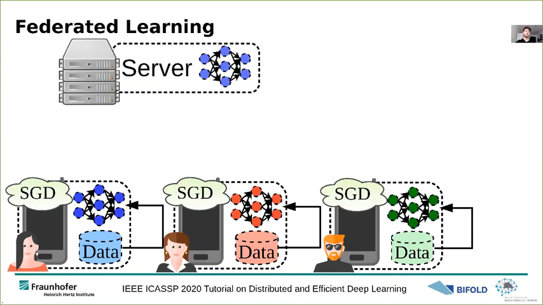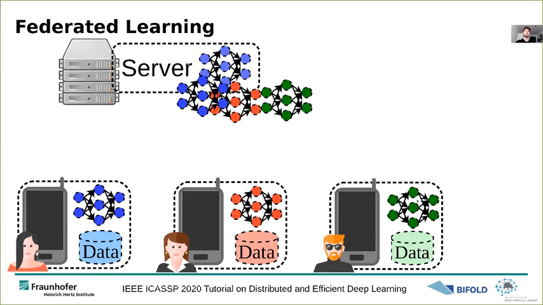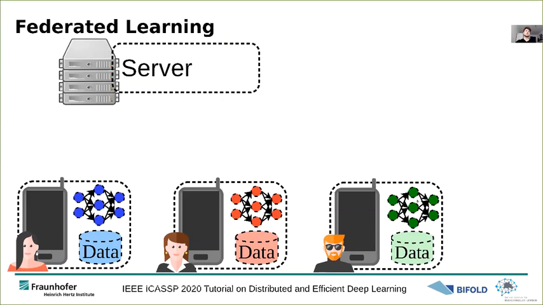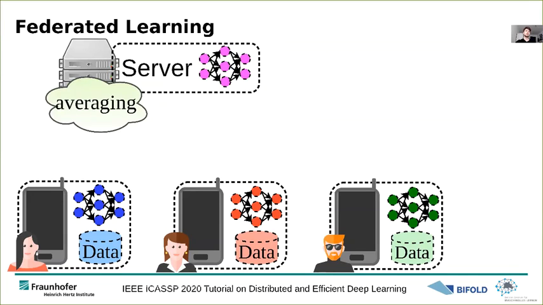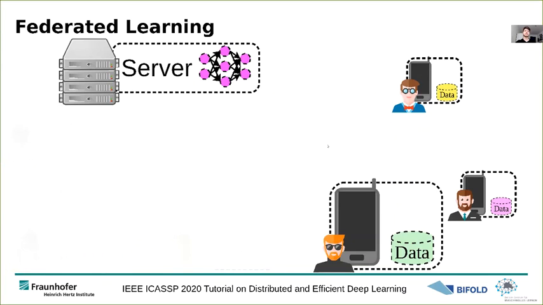That results in updated models on every single user, which are then uploaded back to the server. On the server, a global aggregation operation, which is often just parameter averaging, creates the next set of parameters, indicated here in pink. This is one communication round, and in the next round other clients will be selected and everything starts over. This is the communication protocol, and basically everything that is done.